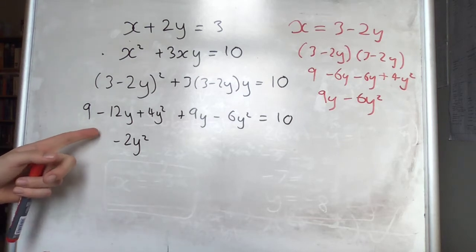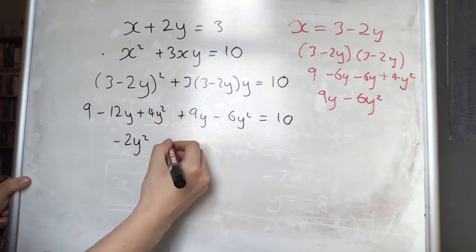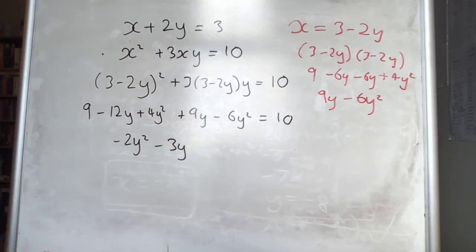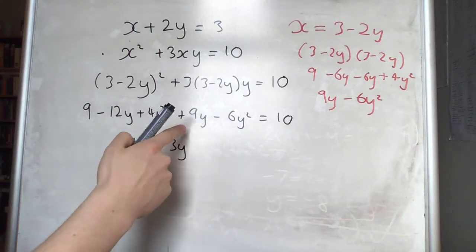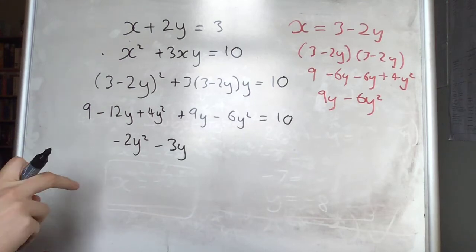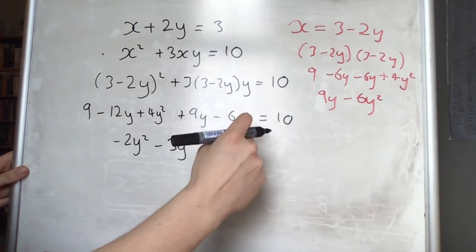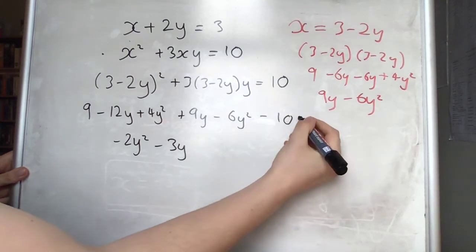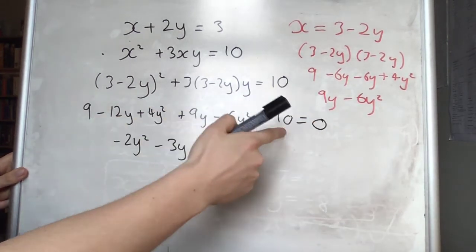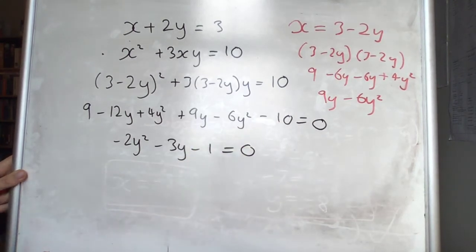So we've got 9 minus 12, so that gives us negative 3y. And then finally we want to collect our 10 and also our 9. If we take 10 from both sides, that'll give us minus 10 plus 9 equals negative 1, which is equal to 0.